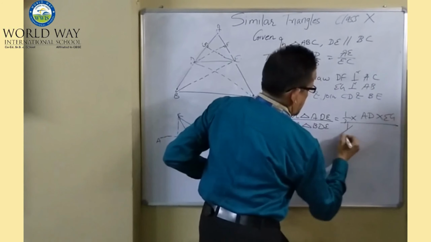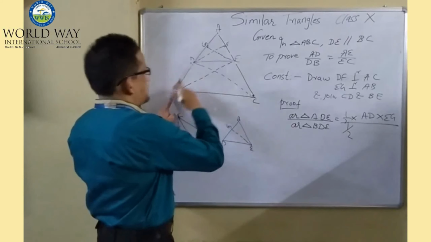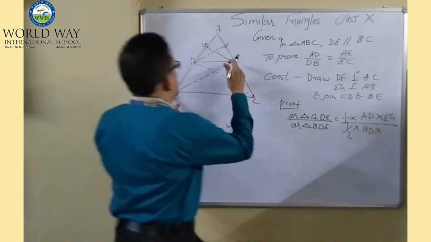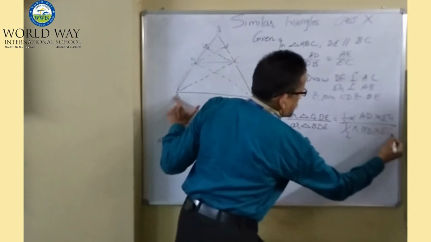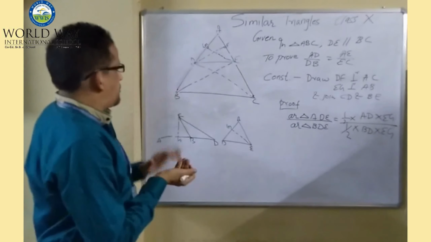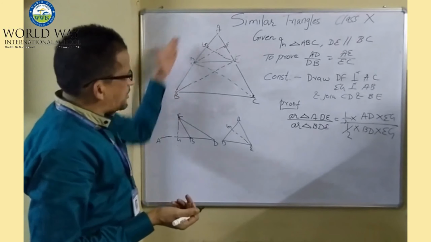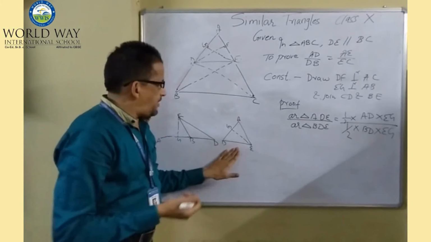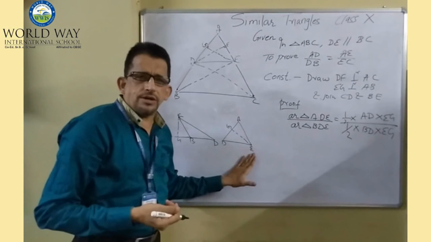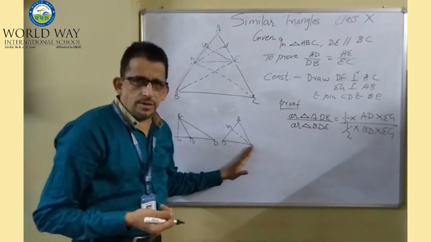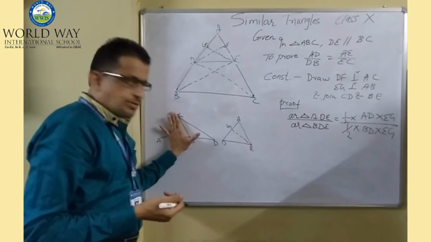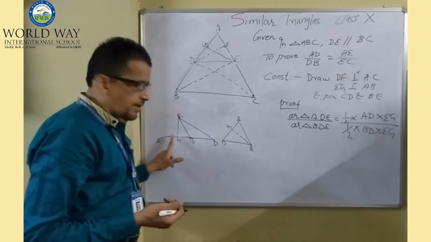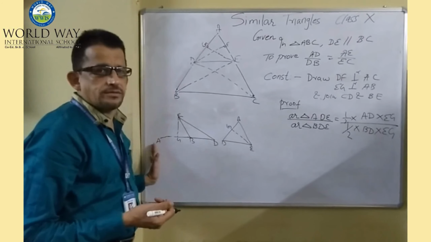Look at the second triangle BDE. What is the base? It is BD, but what is the altitude? It is EG. Why? Because BD is the extension of AD, and you know very well that in an acute angle triangle we draw the altitude inside the triangle, but in an obtuse angle triangle, if we draw the altitude from the vertex, it falls outside the triangle.